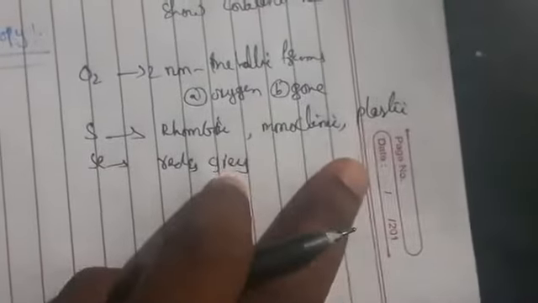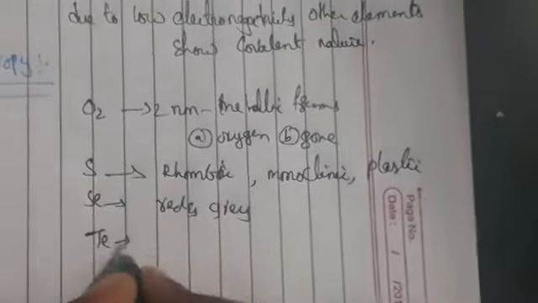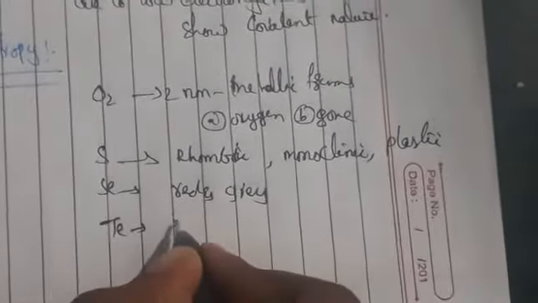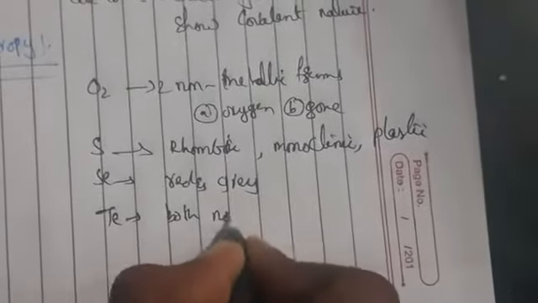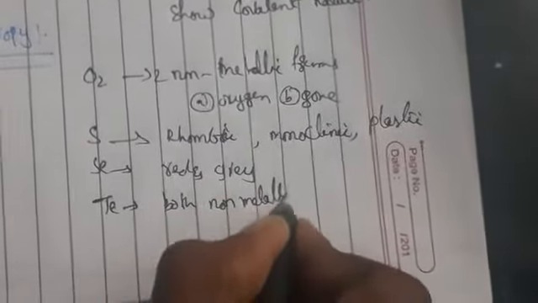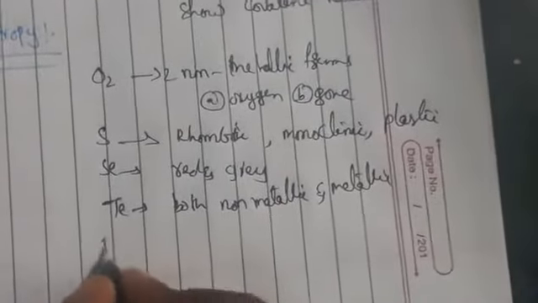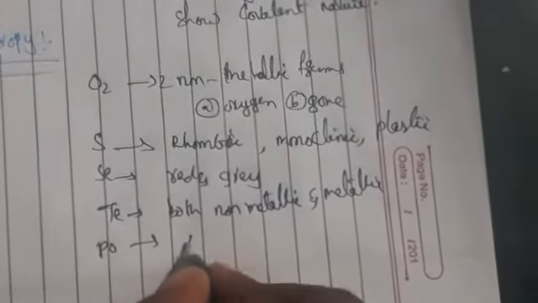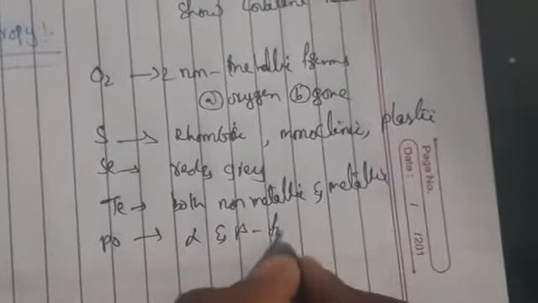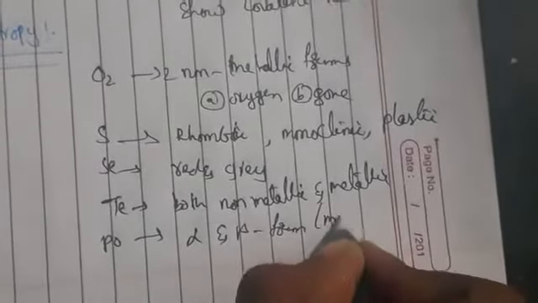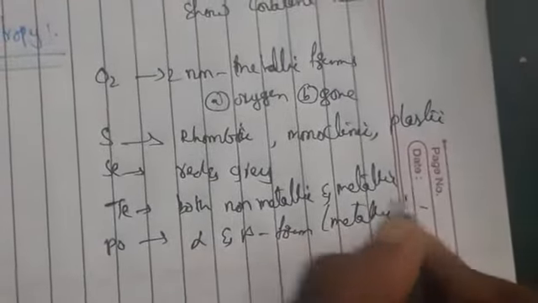Tellurium exists in both non-metallic and metallic forms, because it is more stable. Polonium exists only in alpha and beta forms, both metallic. These are the allotropic forms of the oxygen family.